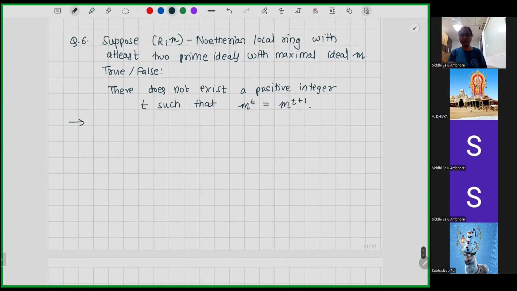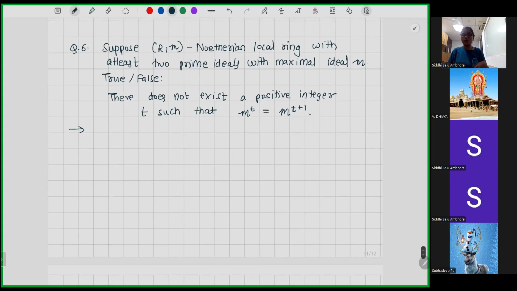Any guesses? So what they are saying is, it is a Noetherian local ring, so it has exactly one maximal ideal. That is not a problem. But now they are saying that it has at least two prime ideals. So it has only one maximal ideal, but it may have multiple prime ideals.